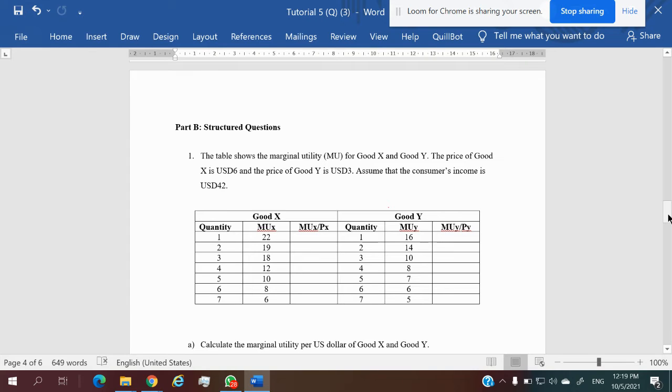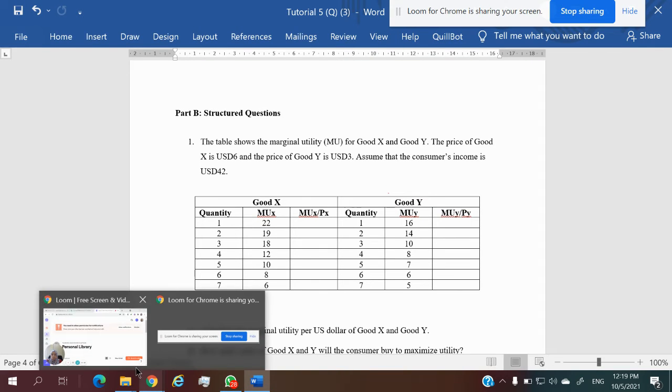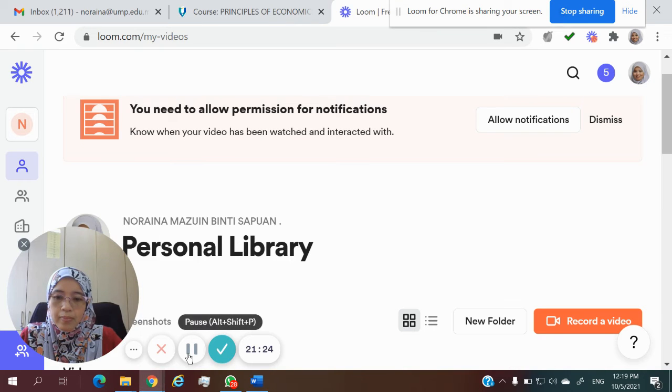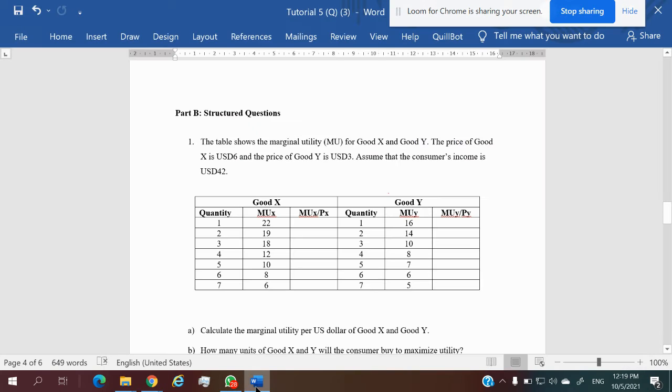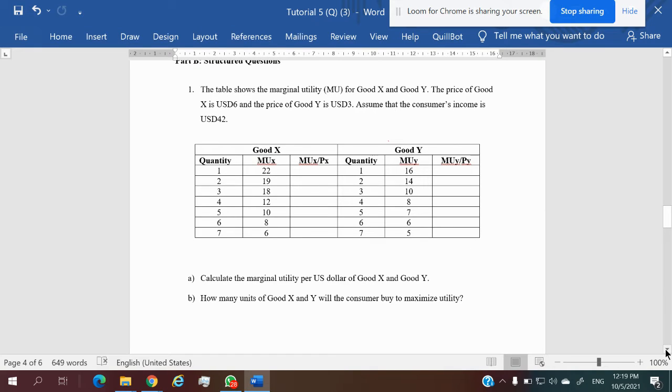For part B, first question. All right, part B, first question. So let's look at the question here. We have two types of goods, X and Y. The price of good X is $6.